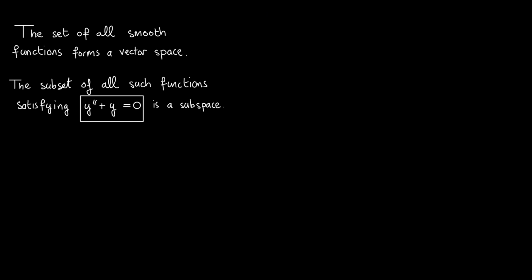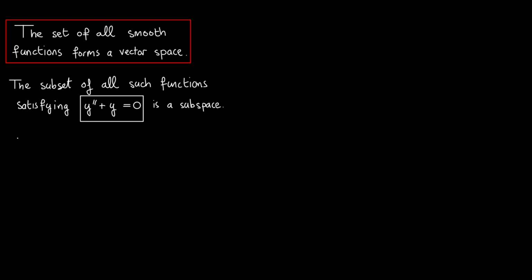So the first thing to see, and this is really different from Euclidean space, is that the set of all smooth functions, functions which you can differentiate as much as you like, form a vector space under usual addition and usual scalar multiplication. Then what we call the solution space here, the subset of all functions which satisfy this condition, turns out to be a subspace. And why is that? Let's check why that's the case.